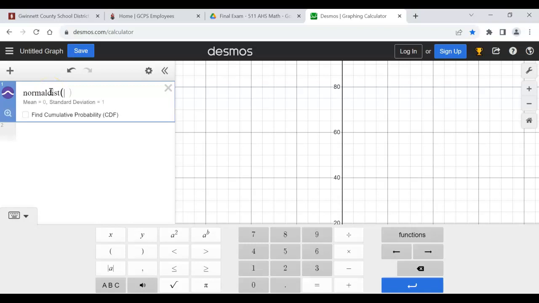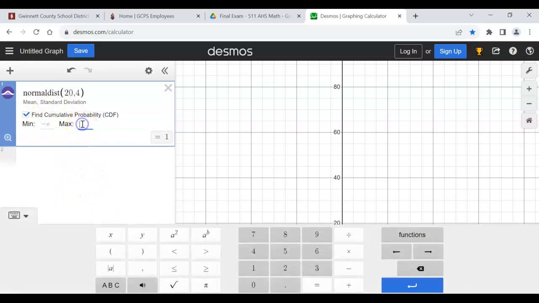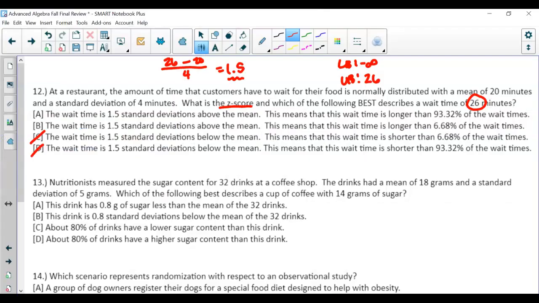Here you have the mean of 20 with a standard deviation of 4. Close the parentheses. Get your CDF. Then the maximum was 26 because it was above. So notice here, our percentage 0.933. So that's why the answer is A with your percentage.